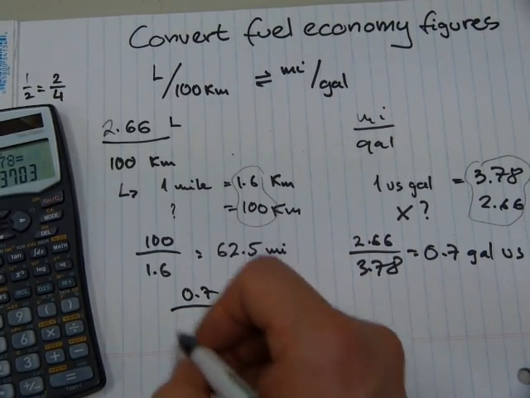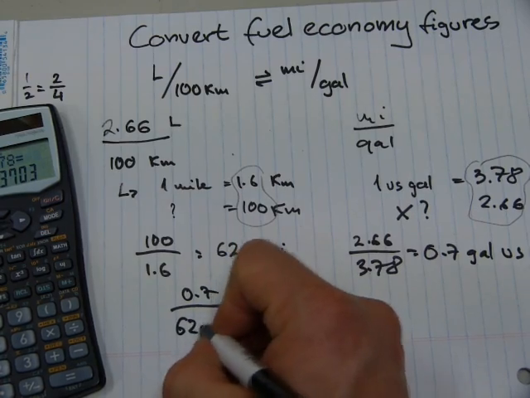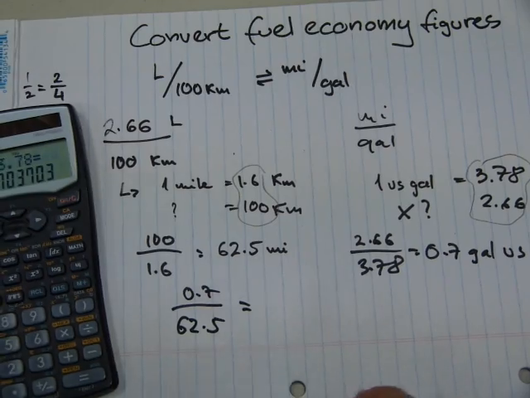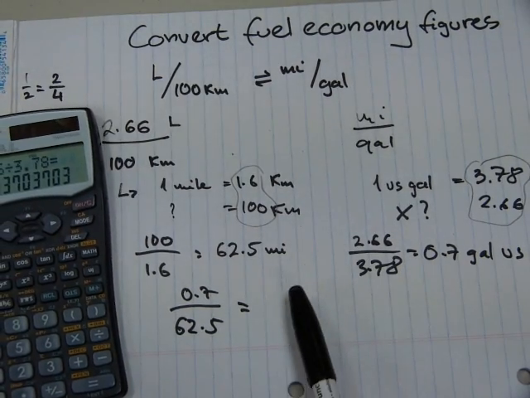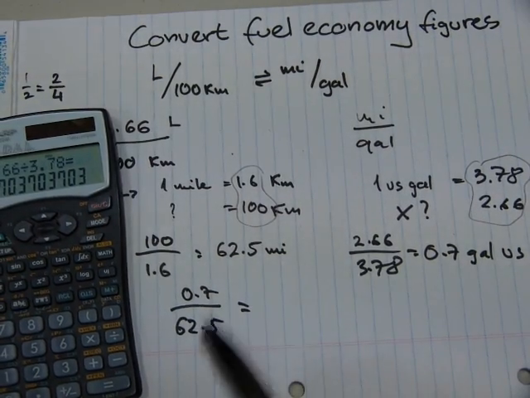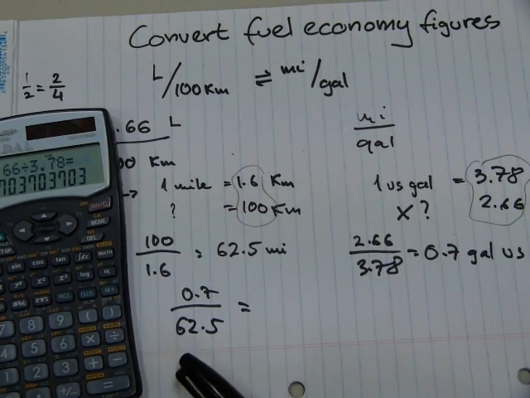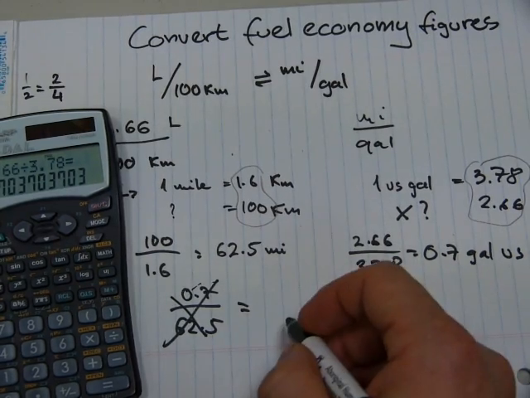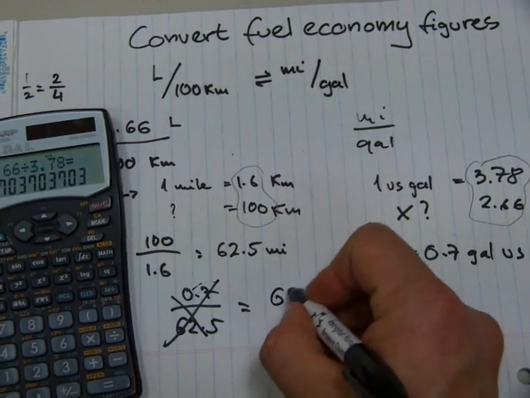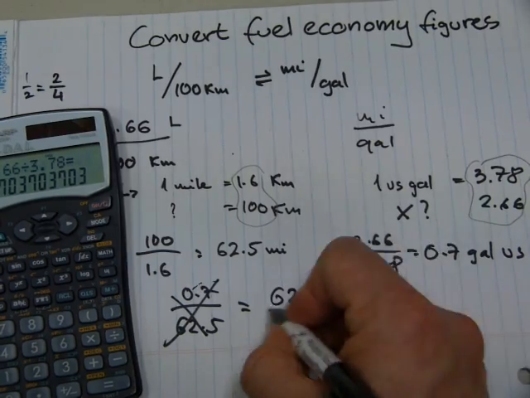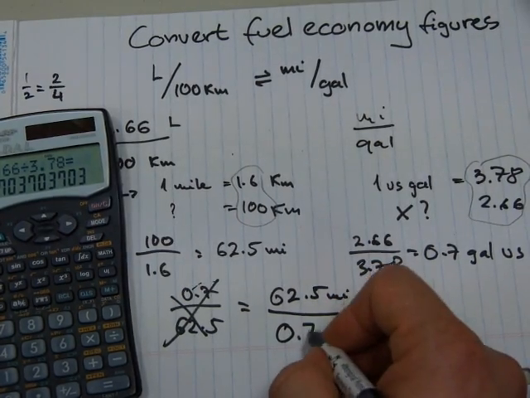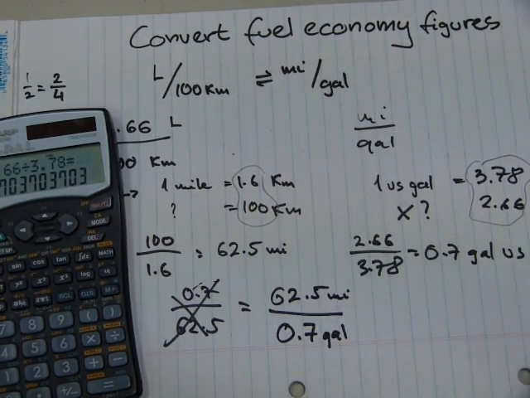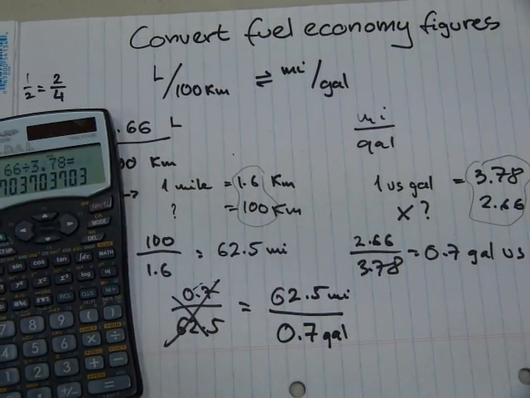0.7 over 62.5. And if it's using 0.7 over 62.5, how many miles is it making out of just 1 gallon? Sorry guys, this one's upside down, because miles per gallon is 62.5 miles traveled out of 0.7 gallons. And this is what I said, that we're going to flip it at one point.